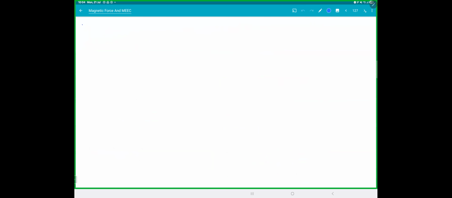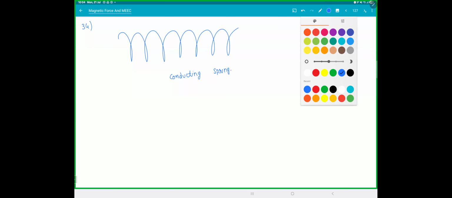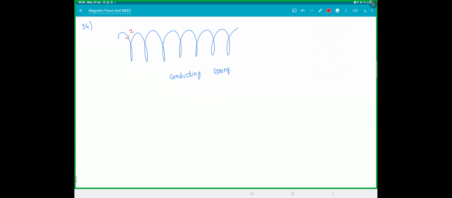So based on this, let's say you take a conducting spring, basically a solenoid. And let's say you start sending current in this. This is a conducting spring in natural length.